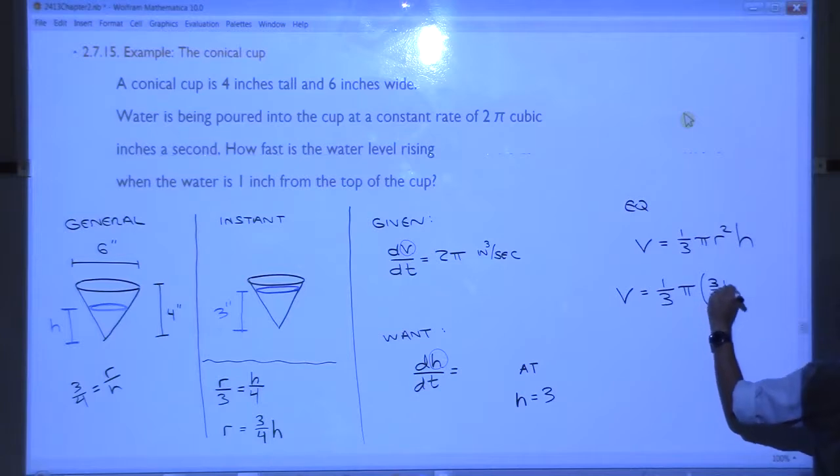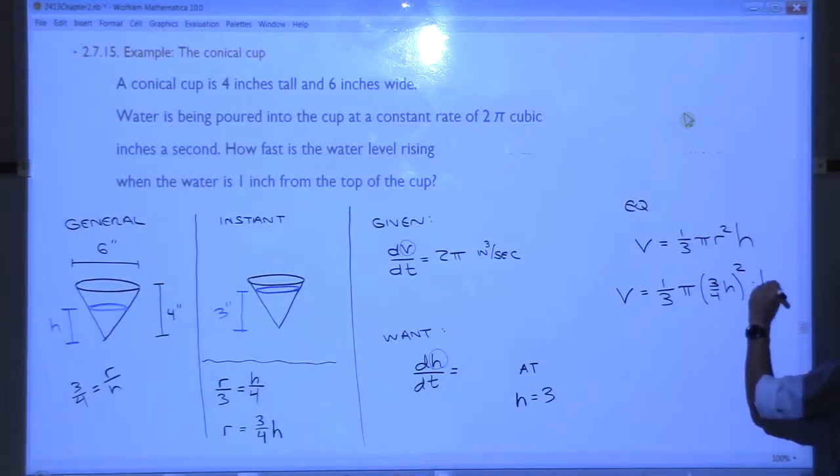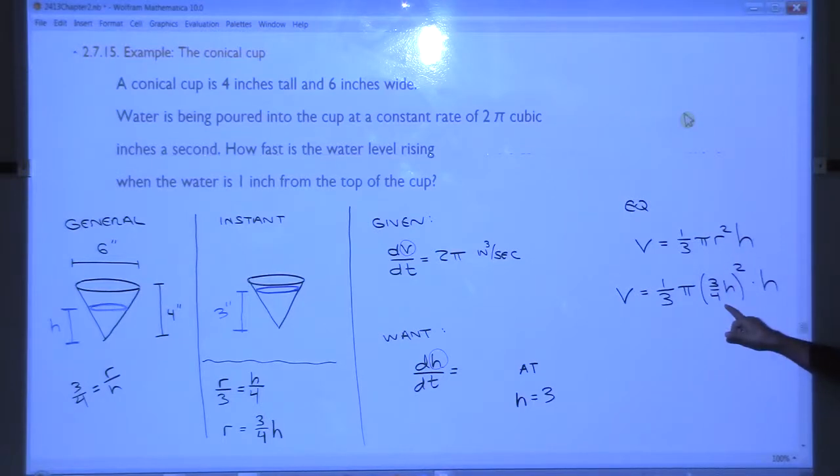So 3/4 h, I still have to square it and then multiply times h. Right, so this is r squared. So let's now square this. When you square this, you have to square the fraction and the h, right? So the fraction squared is 9 over 16, and then we're going to move it out front with this right here.